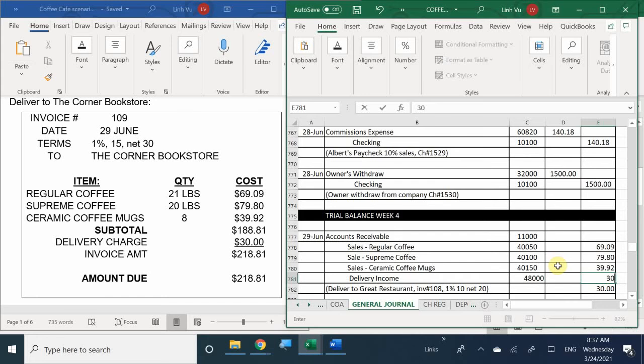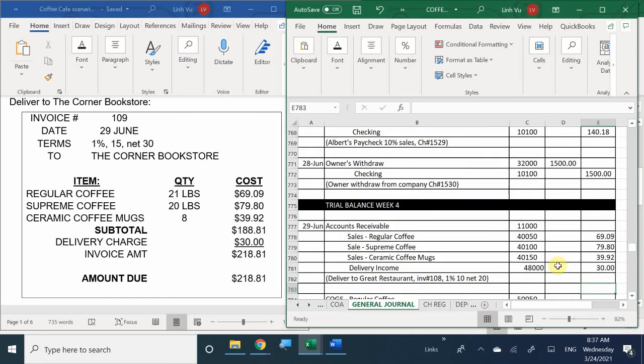Delivery charge was 30.00. So equal sum, just to verify. So I have a total of 218.81, okay, which is perfect. I'm going to make an adjustment to what my little message says here, the description. So I delivered to the Corner Bookstore.